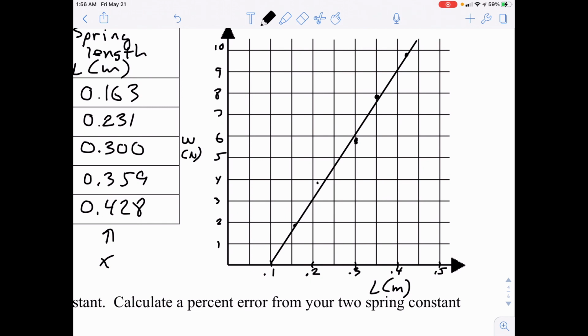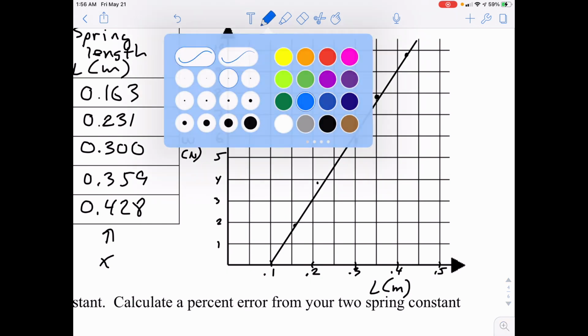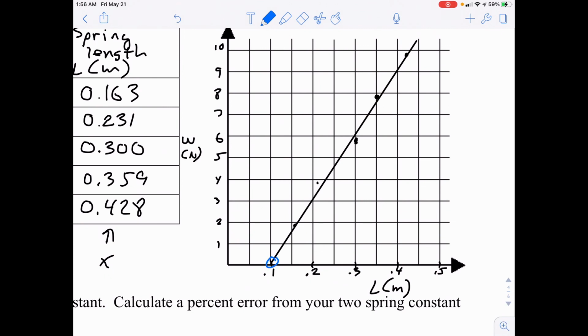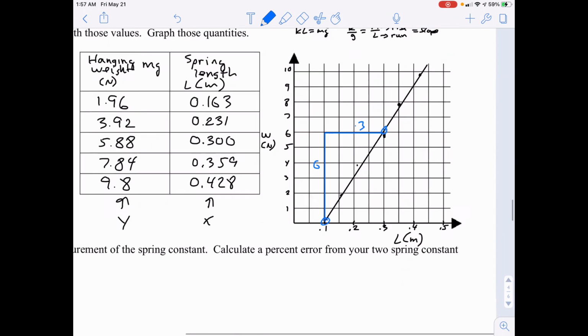And the best I can do to find this slope here, I can start essentially down at 0, and I can go up to, that's pretty close right there. So I'd be going up about 6 and over 0.3, roughly. So rise of 6, run of 0.3.